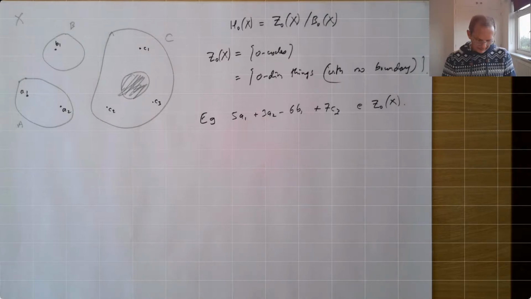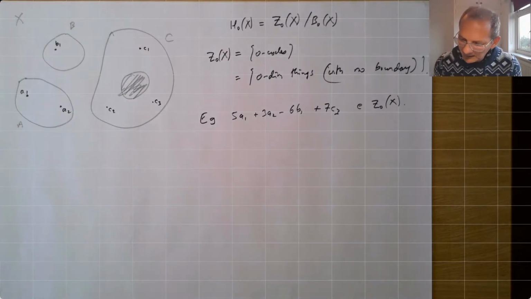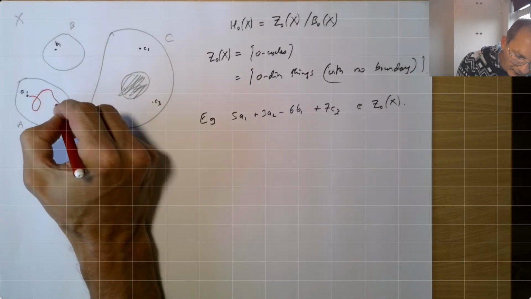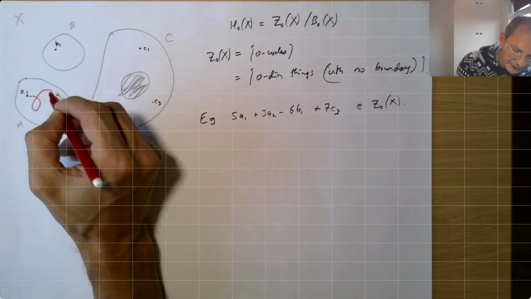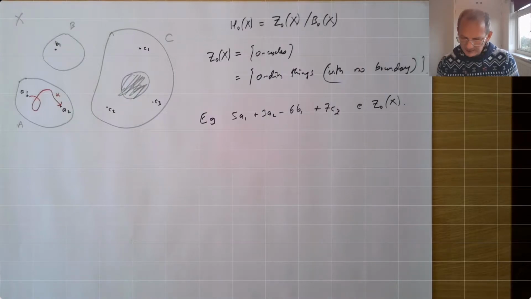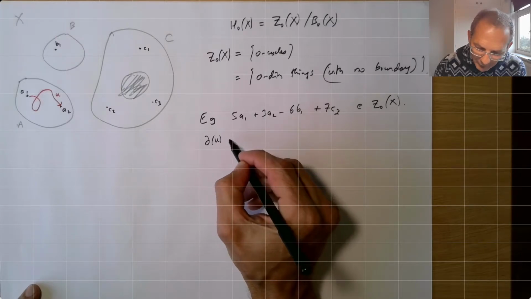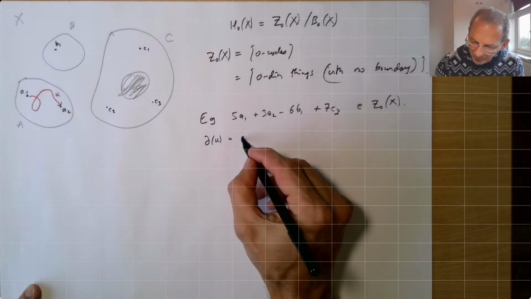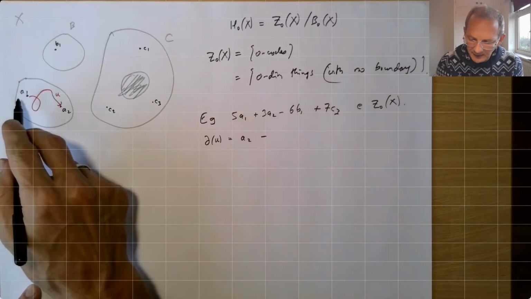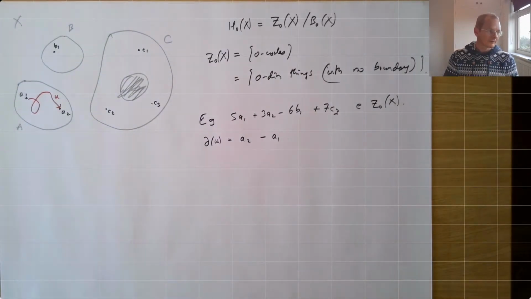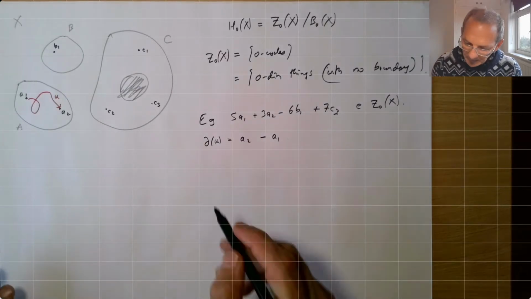And then what's a typical element of B0X? Okay, so remember, we can have a path like this, path U here, and the boundary of U, according to our conventions, consists of the endpoints, but we count the tip positive and the tail negative. So dU is A2 minus A1.